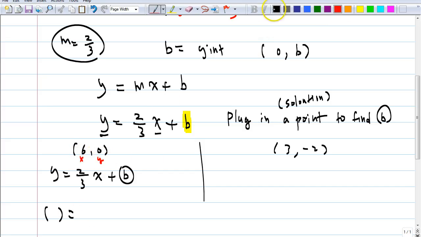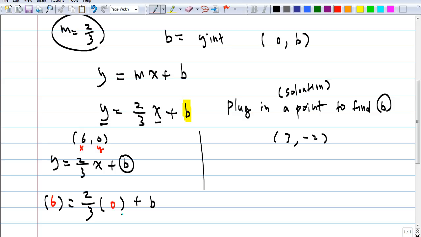So 2/3. We're still looking for b, so I plug in 6 right here. And what are we plugging in for x? 0. Because this (6, 0) is a solution to this equation, which b makes the left side equal the right side? All you have to do is solve for b.